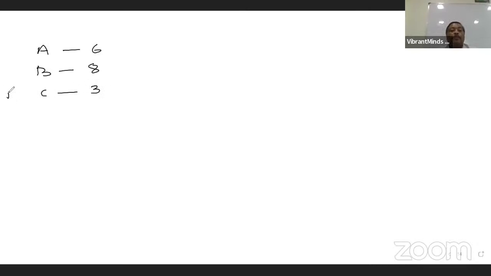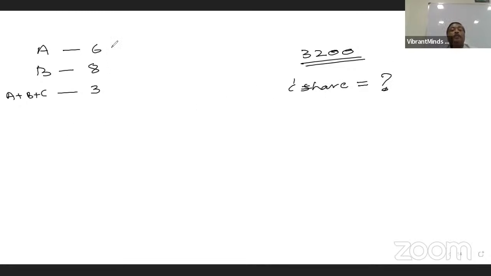So A plus B plus C can do it in 3 days. It also says the total cost of the work is 3,200. So the question is, how much will C get? Or C's share in this money is how much?